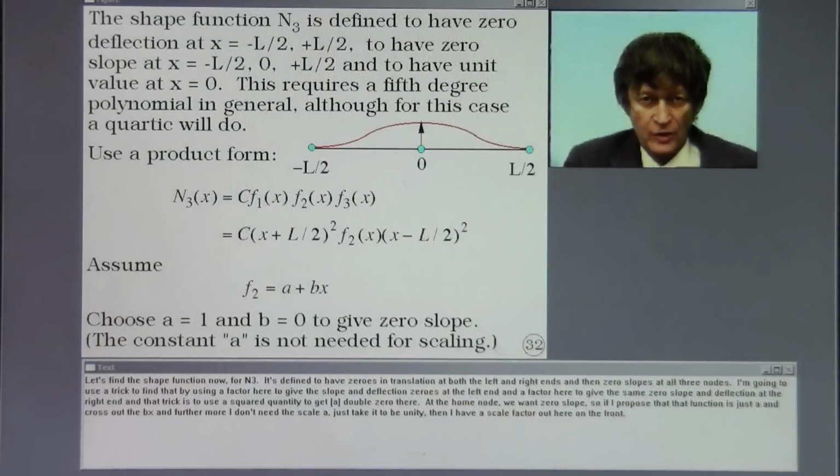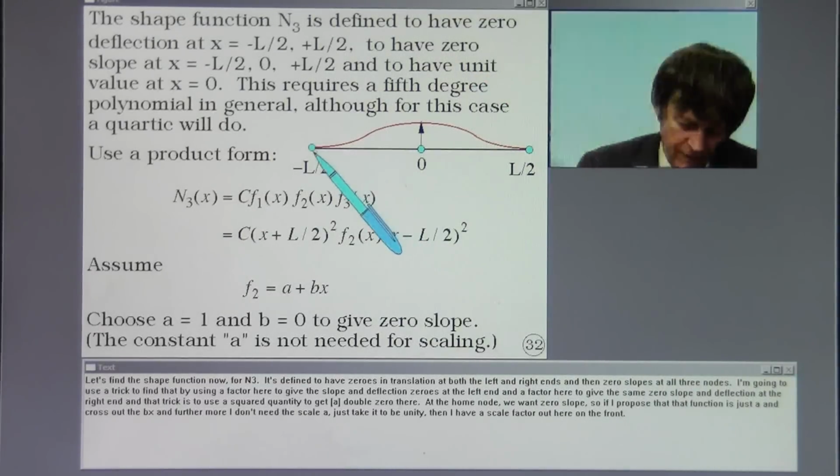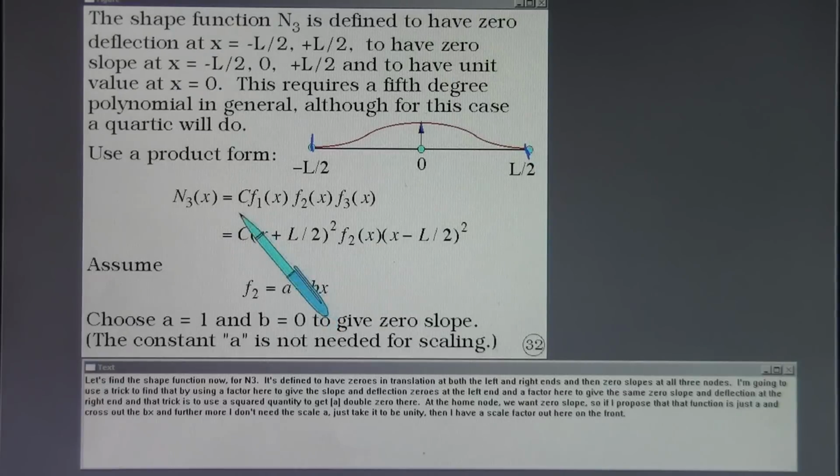Let's find the shape function now for N3. It's defined to have zeros in translation at both the left and right ends, and then zero slopes at all three nodes. I'm going to use a trick to find that by using a factor here to give the slope and deflection zeros at the left end, and a factor here to give the same zero slope and deflection at the right end.